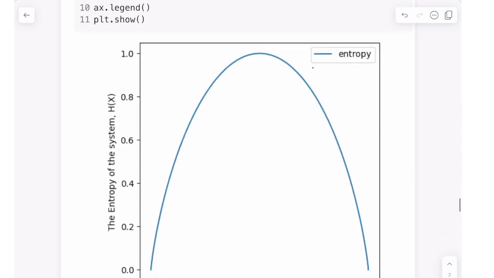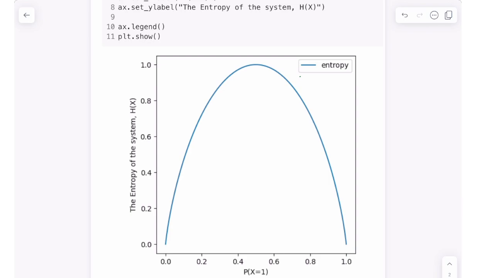Again, let's take a look at a system that has only 2 events.